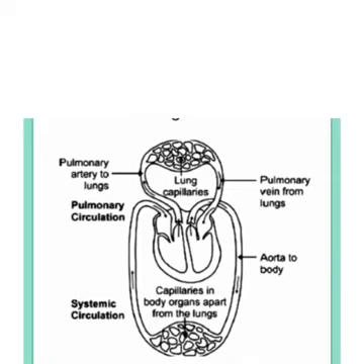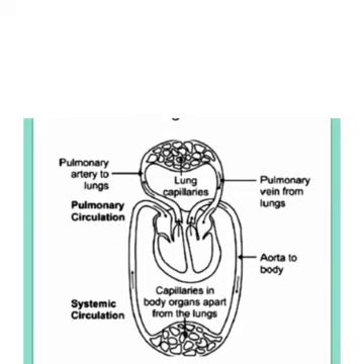On reaching an organ or tissue, the artery divides into smaller and smaller vessels which are one cell thick called capillaries. Exchange of material, that is oxygen and carbon dioxide, takes place through these capillaries. The capillaries then join together to form veins that convey the blood away from the organ or tissue.